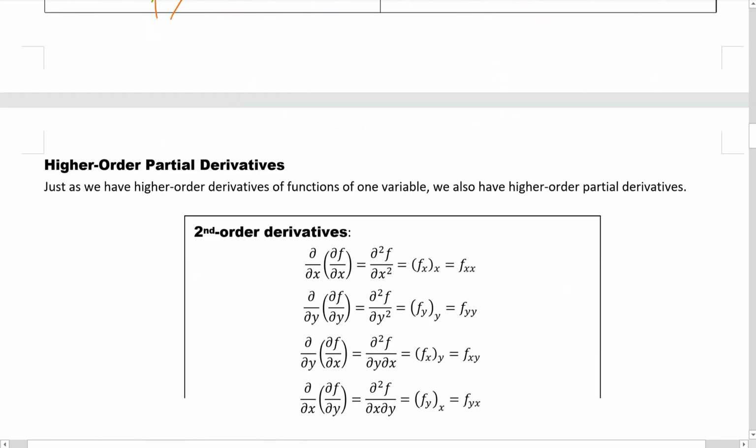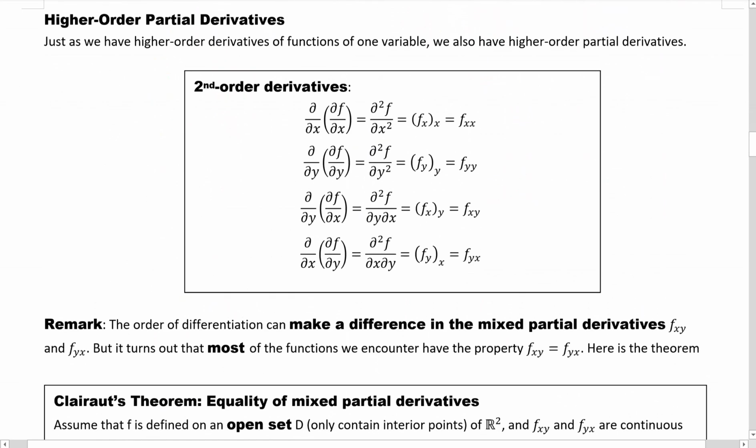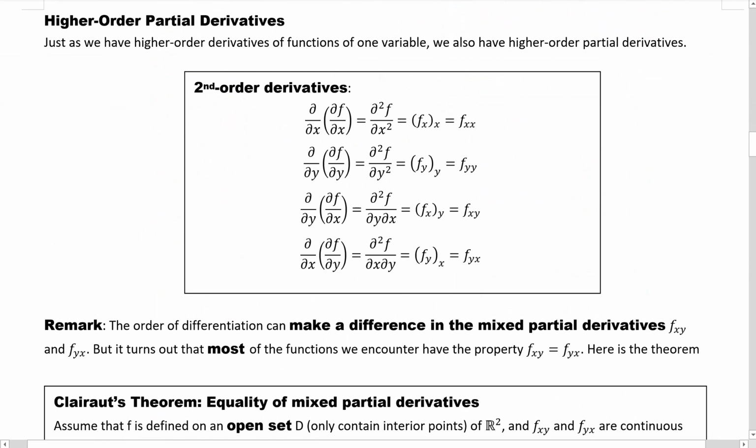Let's continue. Higher order partial derivatives. Just as we have higher order derivatives of functions of one variable, we can also have higher order partial derivatives for a function of multiple variables. So for second order derivatives, we can have partial f partial x, and then we take the derivative with respect to x.